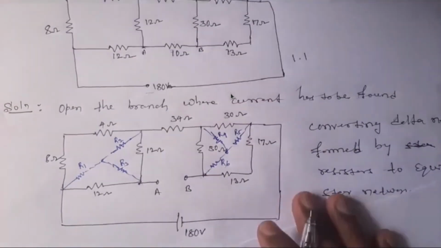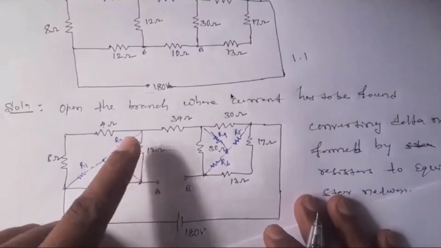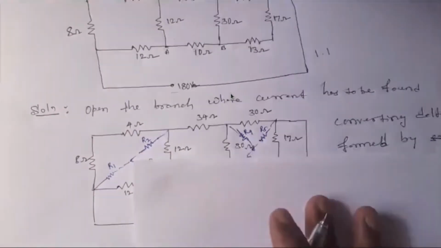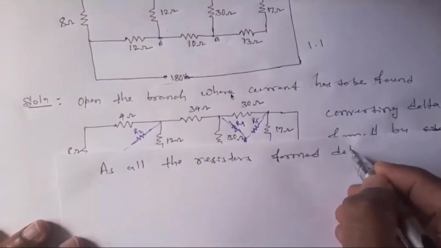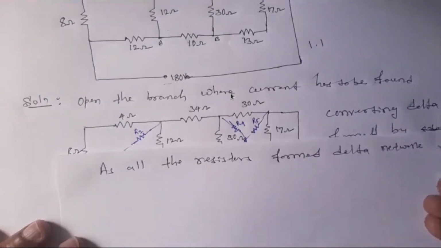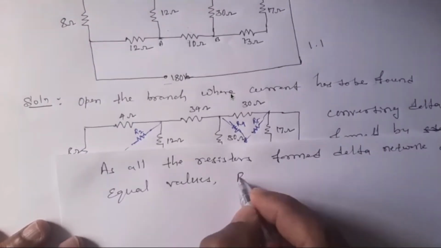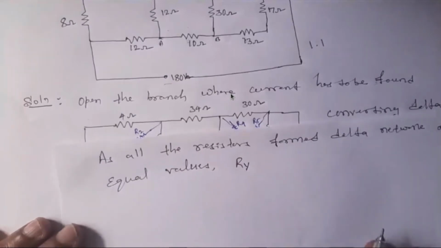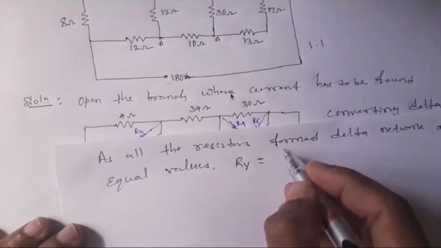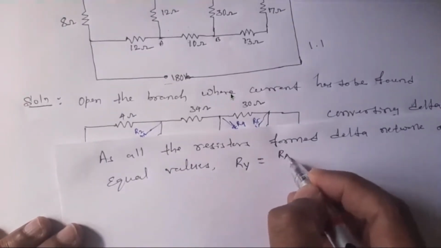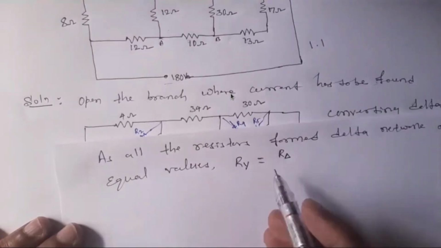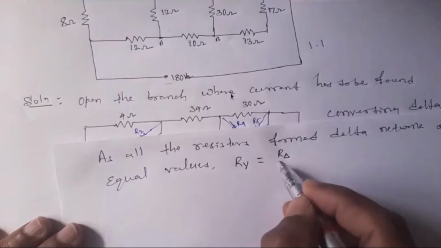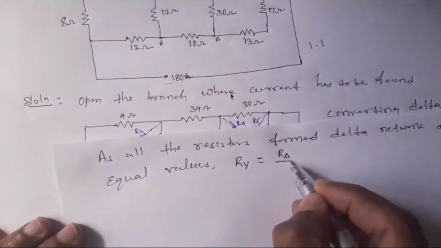Look at this. As all these resistors forming a delta network are equal, I'll directly write in one sentence: as all the resistors forming the delta network are of equal values, in a Y network, R_Y will be equal to R delta by 3.